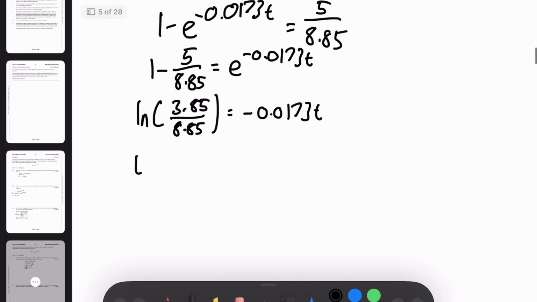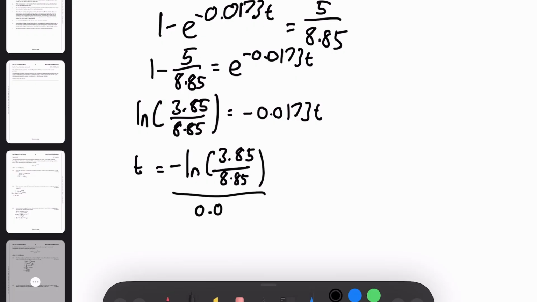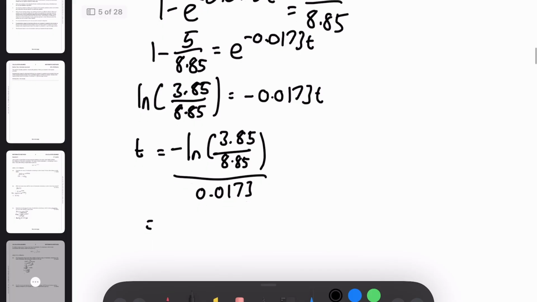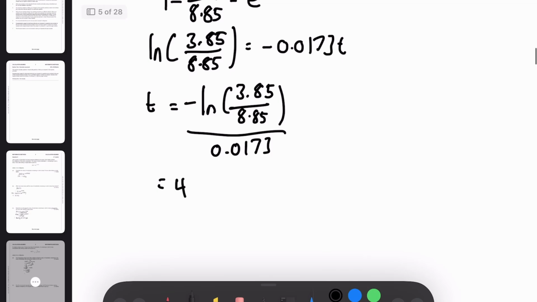And we can just do T is equal to negative ln of 3.85. Actually, on a CAS it will be easier like this: over 8.85, divided by negative 0.0173. Then putting this all in the calculator, we get 48.11 hours.